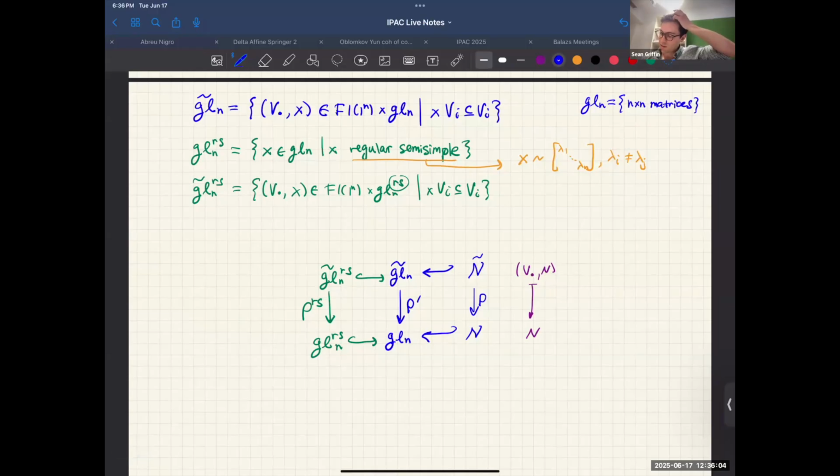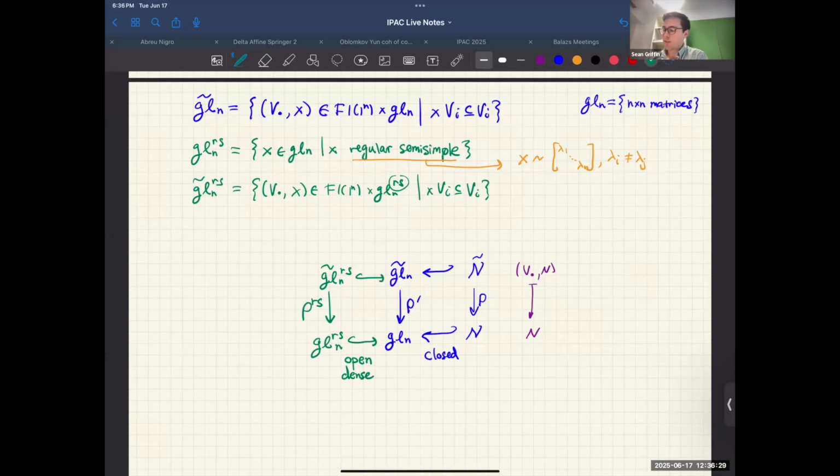And so essentially we see like two different pieces inside of this larger piece. This one is closed inside of all matrices, and it turns out that the regular semi-simple ones are open within all matrices and therefore also dense inside of all matrices.